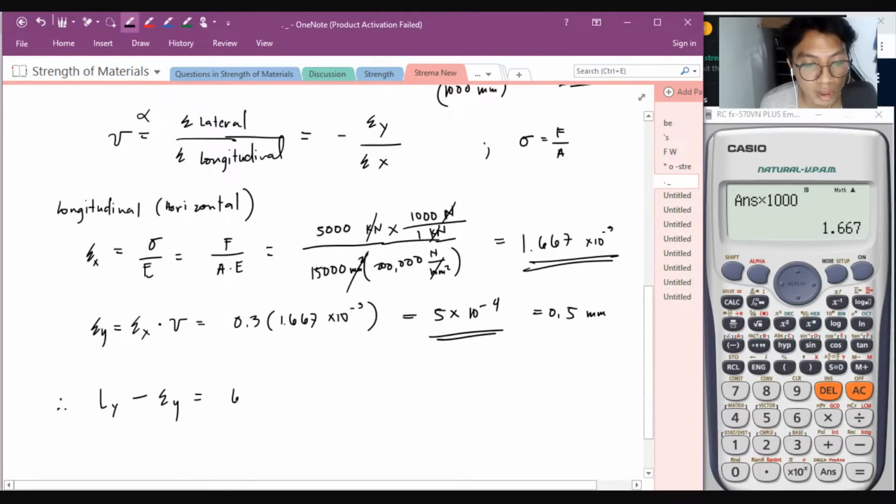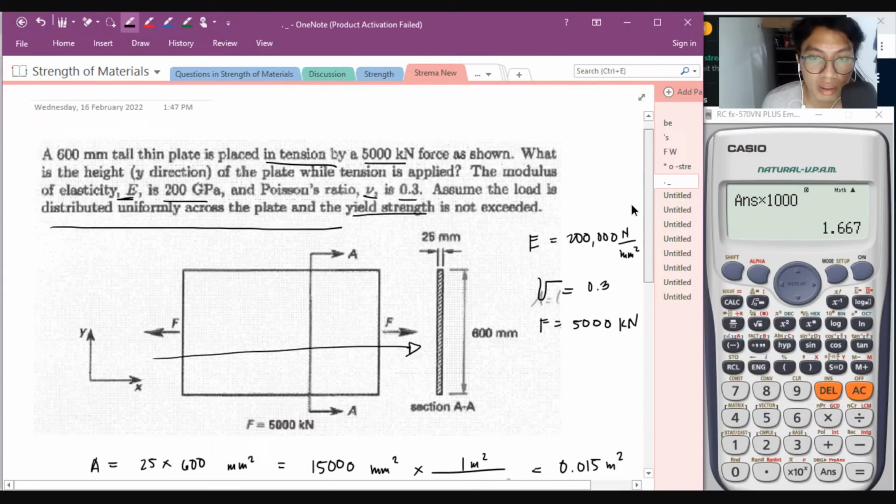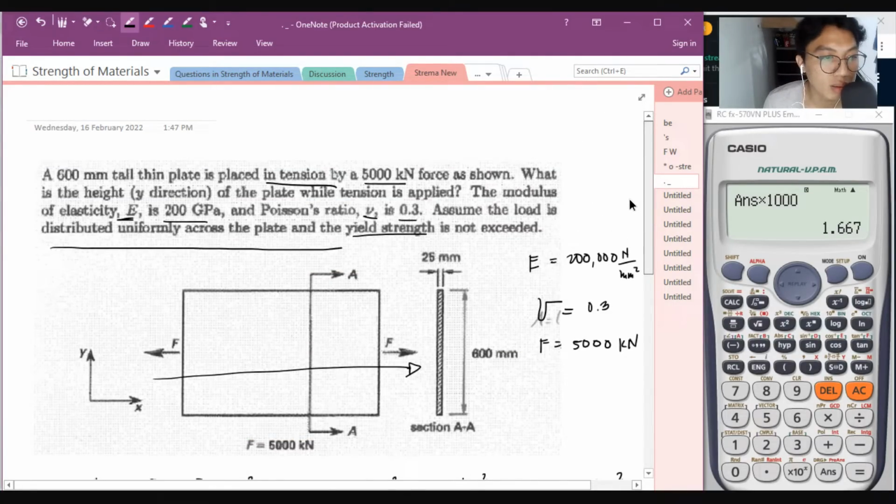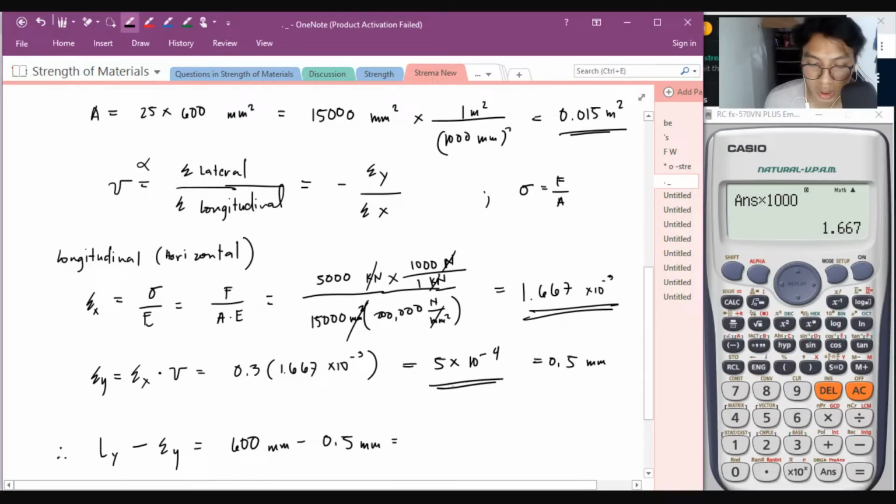Ilan yung makuha ko? 600 millimeter minus 0.5 millimeter. Okay. Hinahanap dyan ay height in y direction. That is 599.5 mm. Mental math na lang yan. Check nyo.